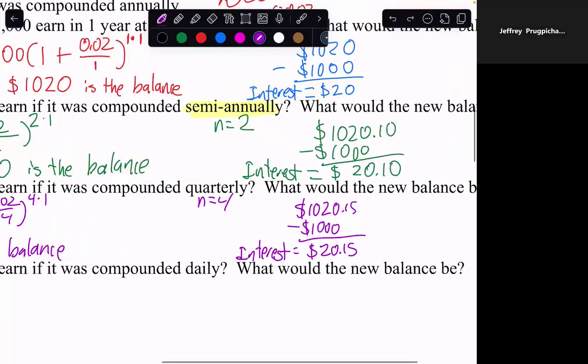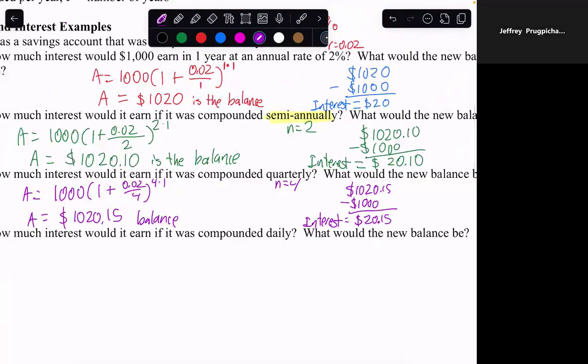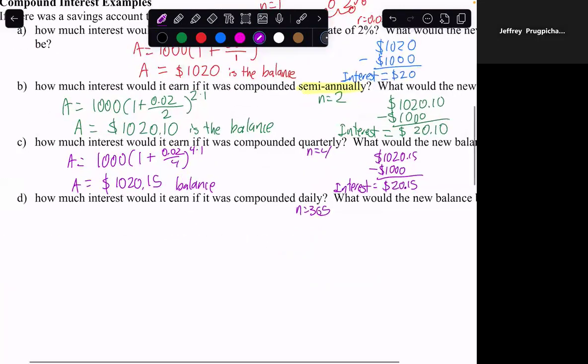Okay, so let's make a huge jump, right? We're going to go from 4 times per year to 365 times per year, right? Over 90 times more often. So maybe that'll make a big difference. Okay, so again, we're going to use n is 365. We're not going to worry about leap years. We're just going to go with 365.